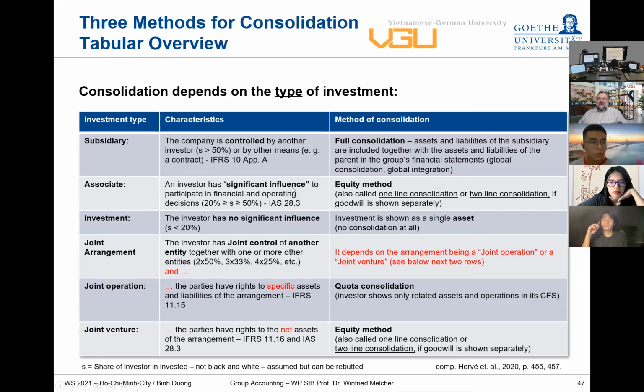Yeah, okay. I think we can go back now, and I will just go back to my slide so that you can see this one. Okay, great. So what we did, we looked at the principles of consolidation in the Daimler AG under IFRS and in Wiener Milk under VAS. And we saw that there are similarities, but in detail you cannot compare it because the details are not there.